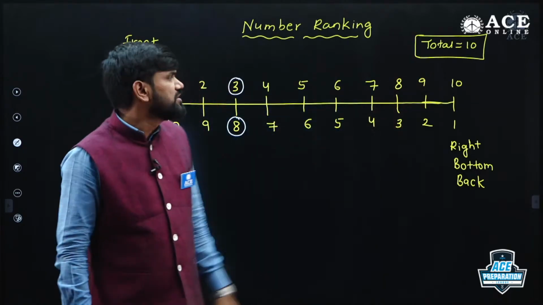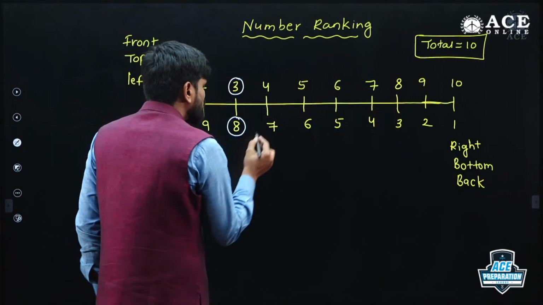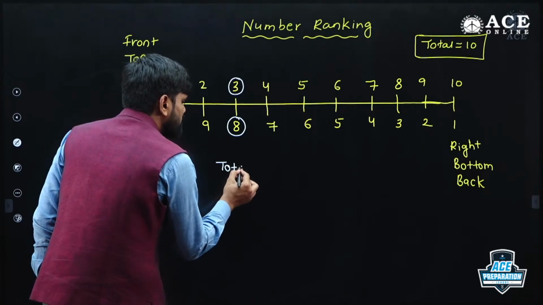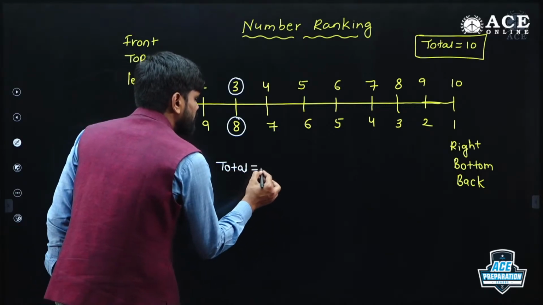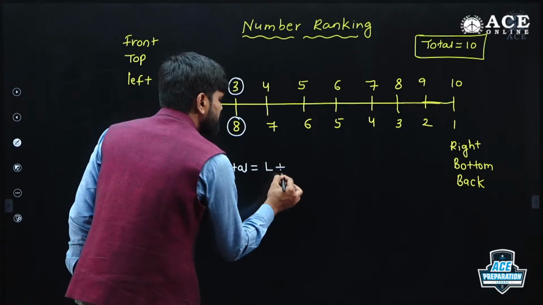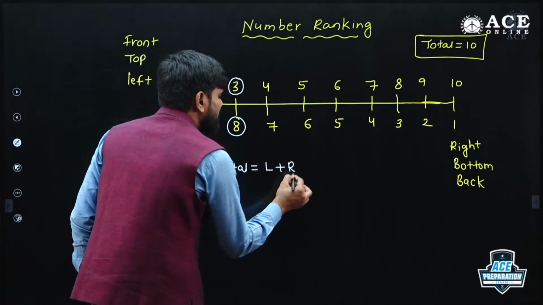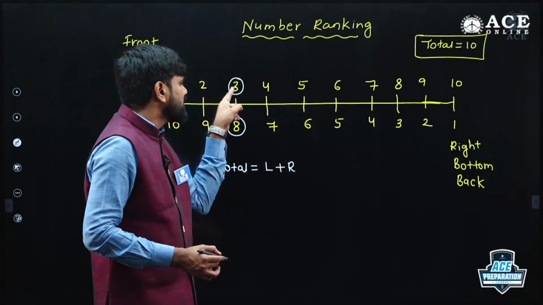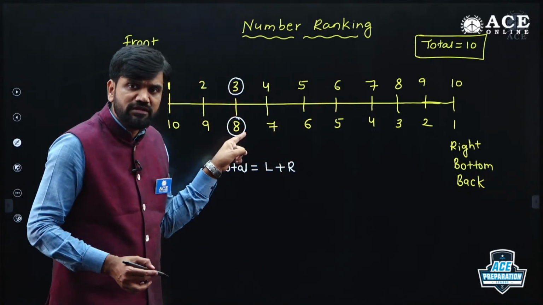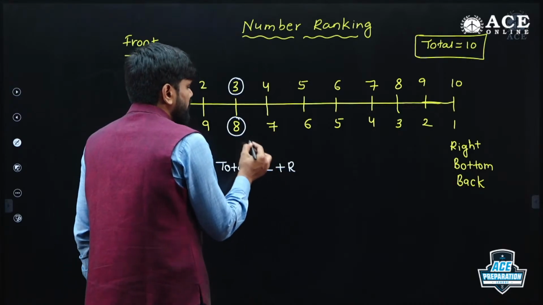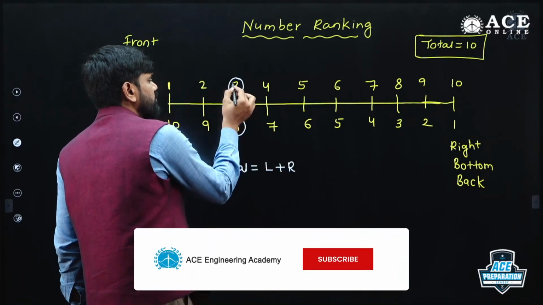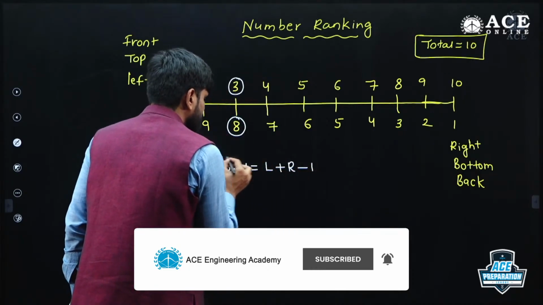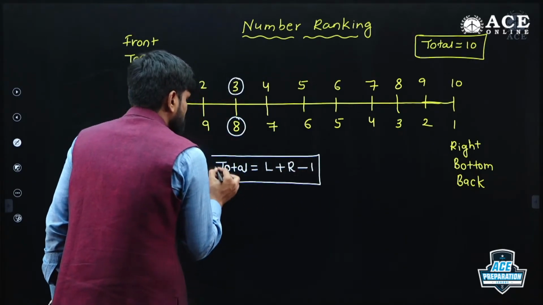Which means whenever we are finding the total, choose any one person, take the position of that person from left as well as right, and that will always add up to 1 more than the total. So total is 10, and this is adding up to 8 plus 3, 11. So if you wish to find the total, take the position of the candidate from left and right and subtract 1 from that. This will give you the total.